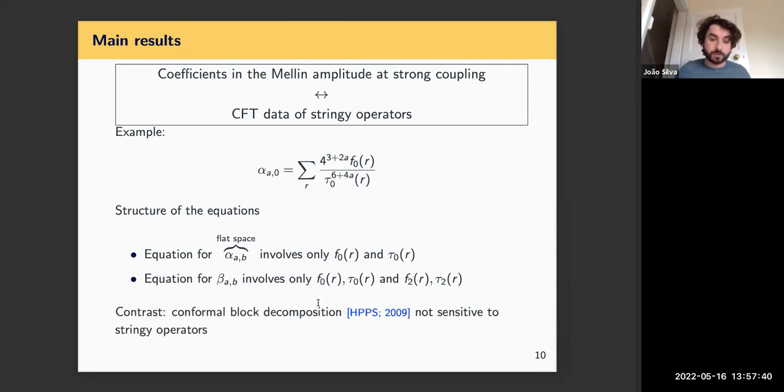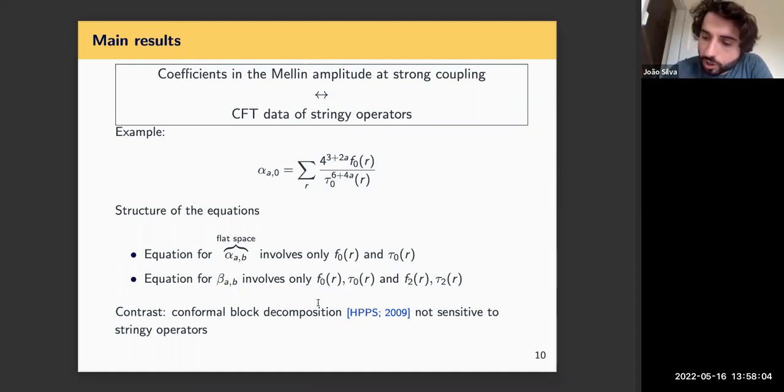And so we should contrast this with the conformal block decomposition. Now you might ask, why did we not see this before with conformal blocks? The point is that the conformal block decomposition is not sensitive to stringy operators. People have been using the bootstrap to study diagrams in AdS for a long time.